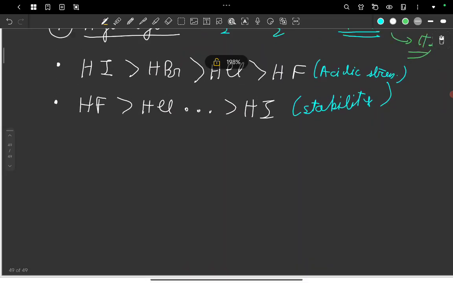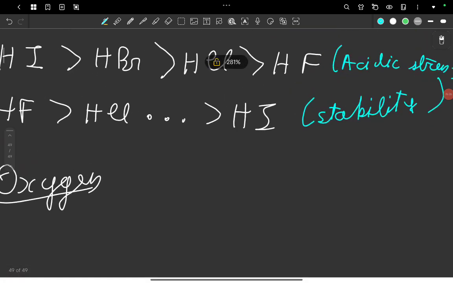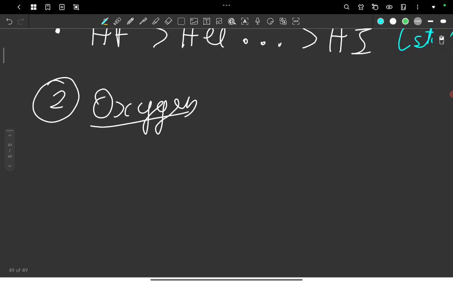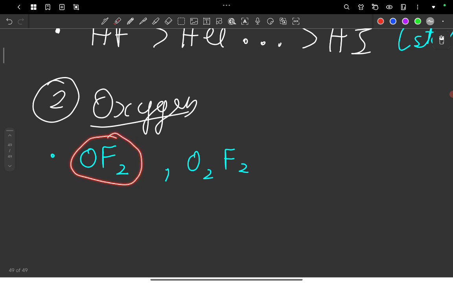Now let's learn about oxygen's reactions with the group 17 elements. What reactions can we expect with oxygen here? First of all, we also learned in group 16 that there is an oxide which exists, which is OF2. And in fact, O2F2 also exists, but only OF2 is stable at room temperature.